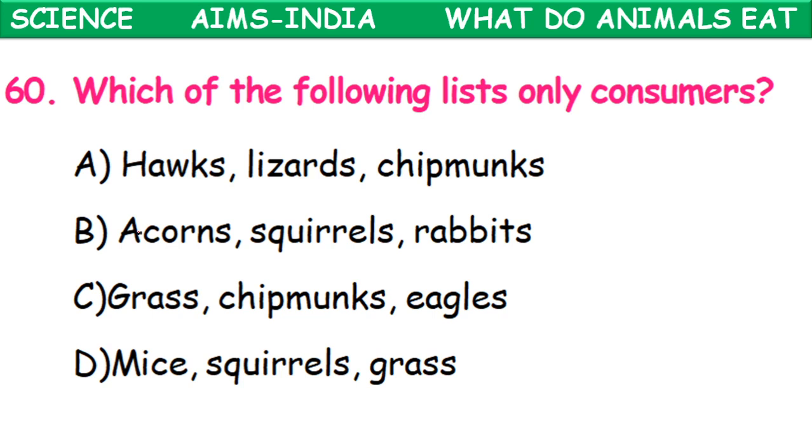Which of the following lists only consumers? Hawks, lizards, chipmunks; acorns, squirrels, rabbits; grass, chipmunks, eagles; mice, squirrels, grass. So here only consumers.